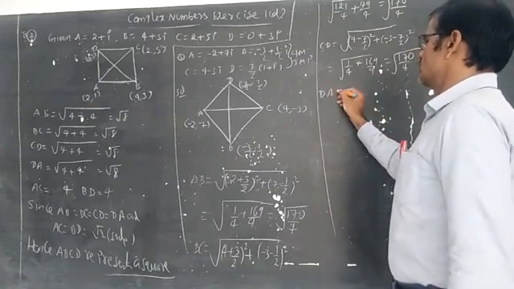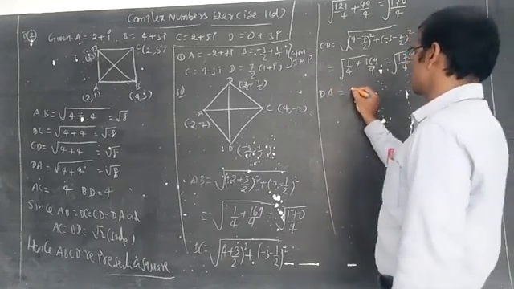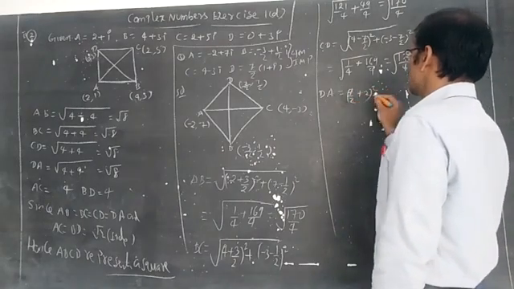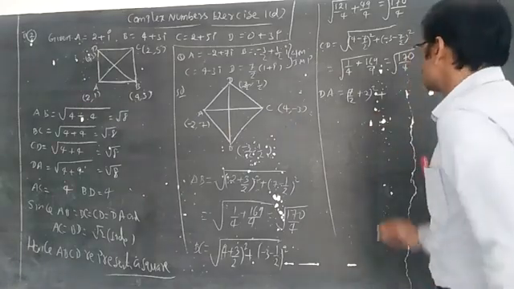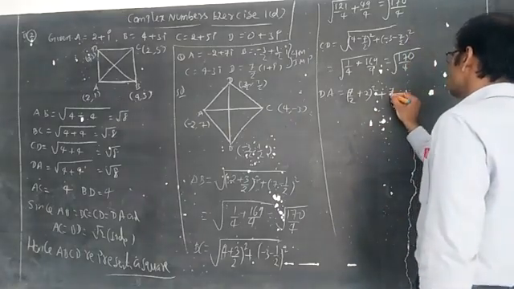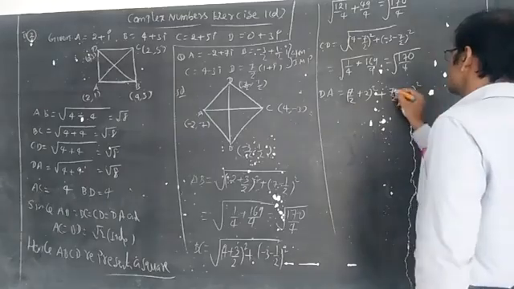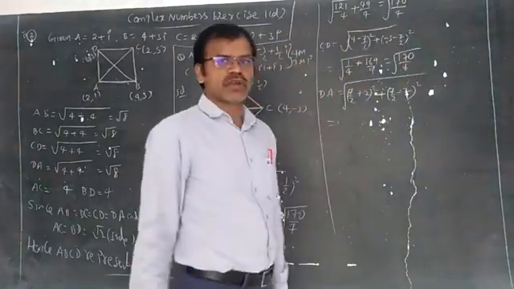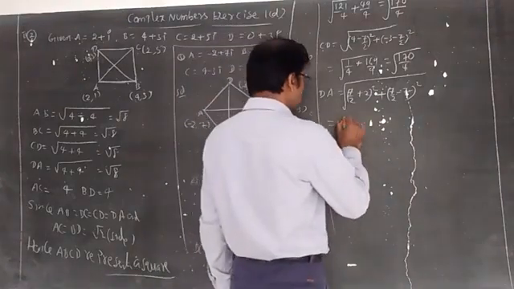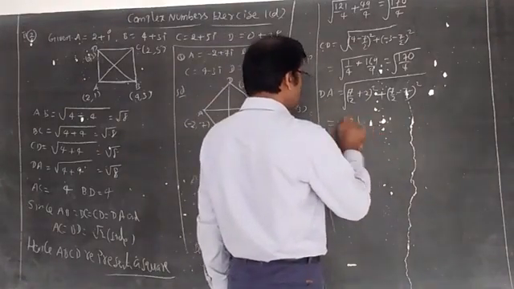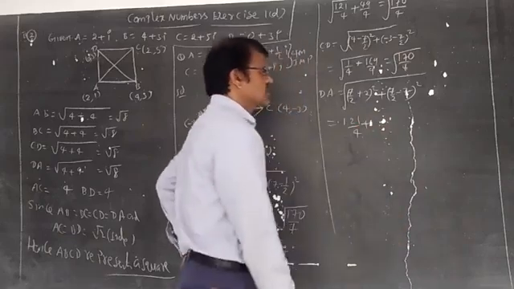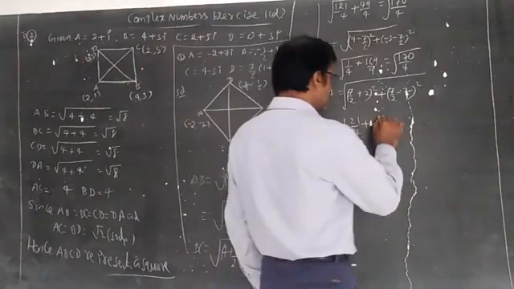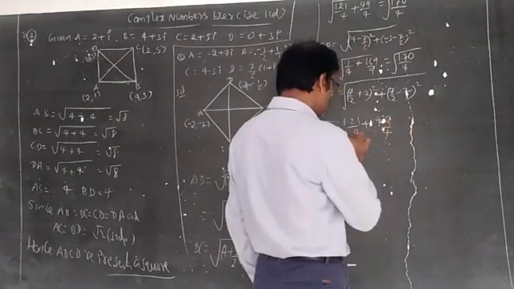Now DA is equal to root of (7 by 2 plus 2) whole square plus (7 by 2 minus 7) whole square. Take an LCM: 2 2's are 4 plus 7 is 11. 11 by 2 whole square is 121 by 4, plus 7 by 2 minus 7, so 7 minus 14, minus 7 by 2 whole square is 49 by 4 over root.